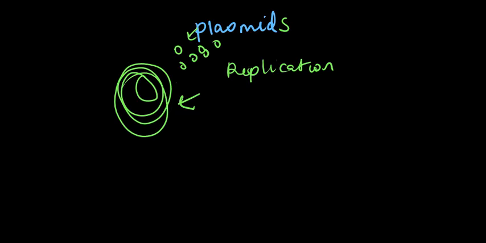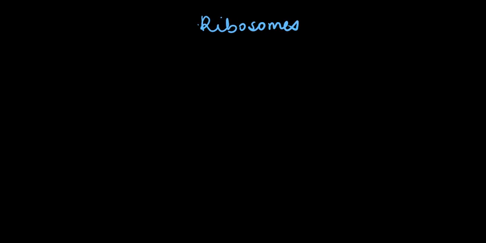But they're not essential for the survival of the bacterial cell. The most important thing that helps the survival of this cell is the circular DNA, unlike these plasmids that are just found floating and are separate from the chromosomal DNA.